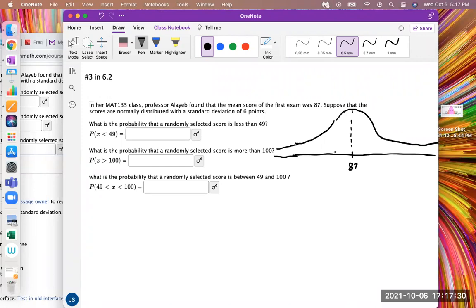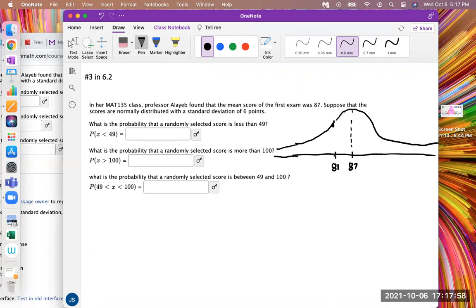So at about halfway down this hill, I can take away one standard deviation, which would be 81. The reason I'm drawing this picture is so I know where the 49 might be located. First, I'm going to draw a picture so you understand what we're calculating, and then I'm going to actually use the calculator to calculate it.